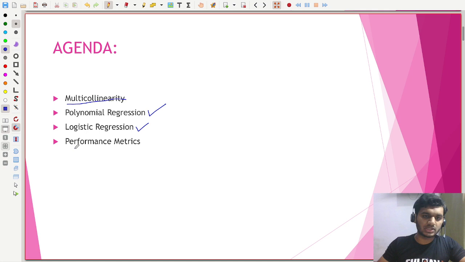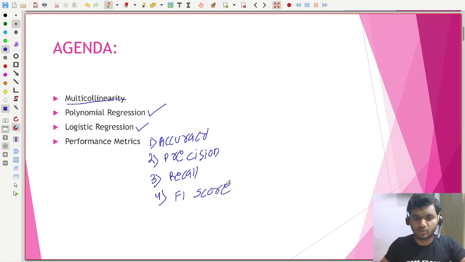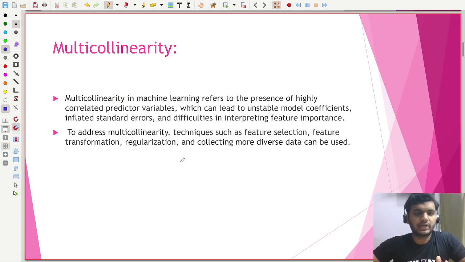Then we'll discuss performance metrics: the first one is accuracy, the second one is precision, the third one is recall, and the fourth one is F1 score. So directly, we'll discuss multicollinearity.